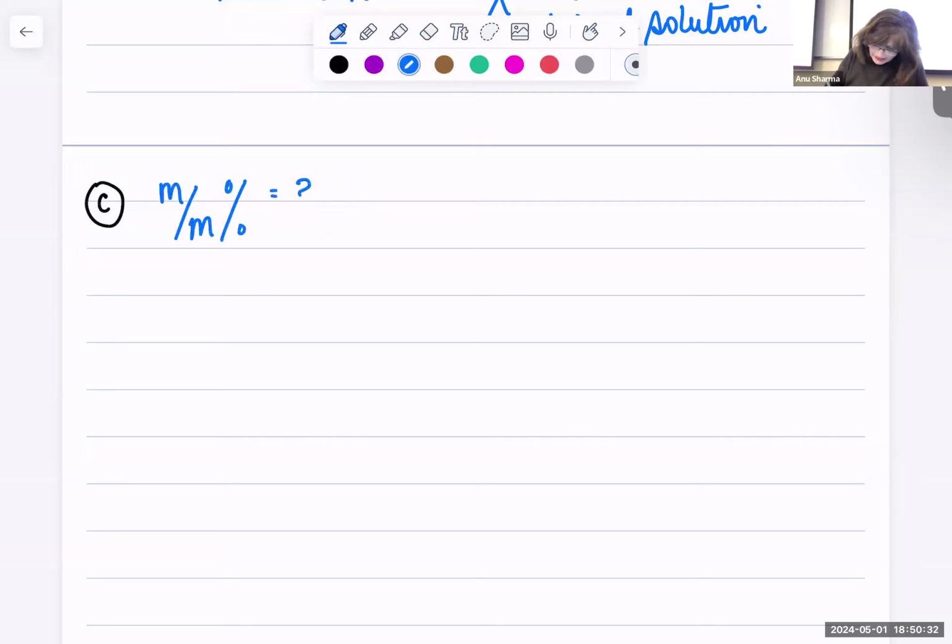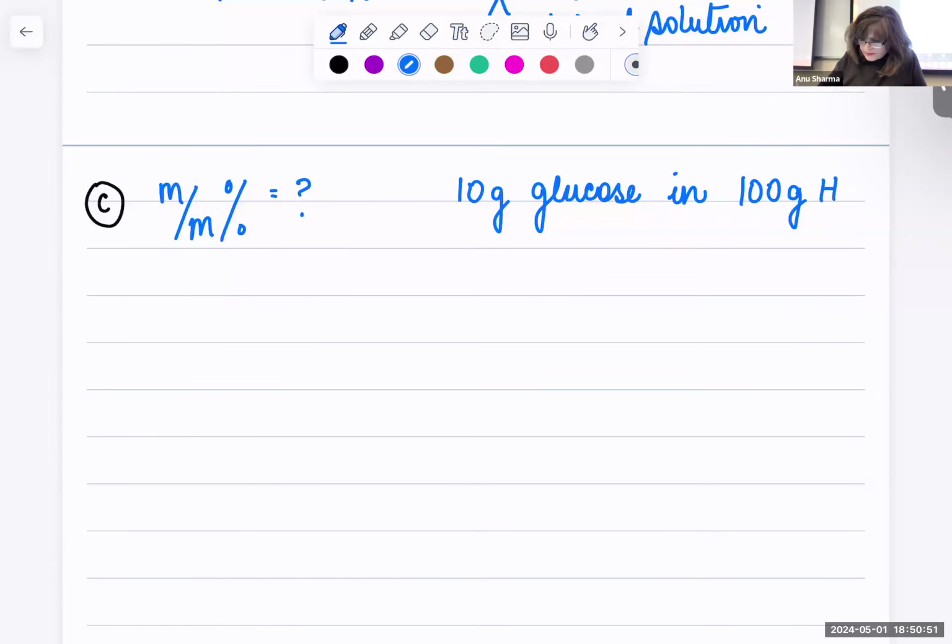How much is that when you have 10 grams of sugar, glucose, in 100 grams of water? Okay, what is the mass by mass?